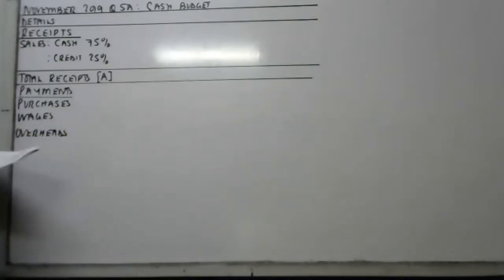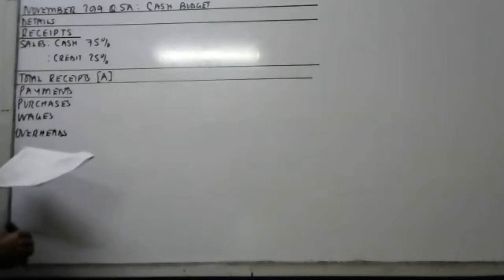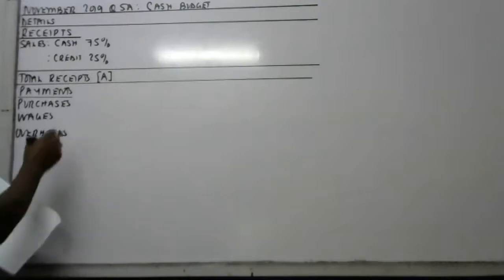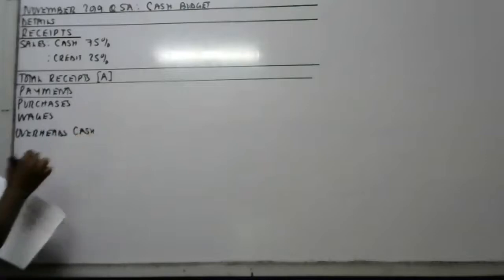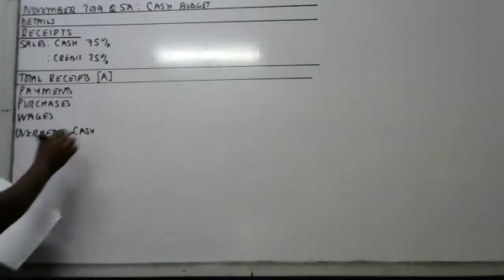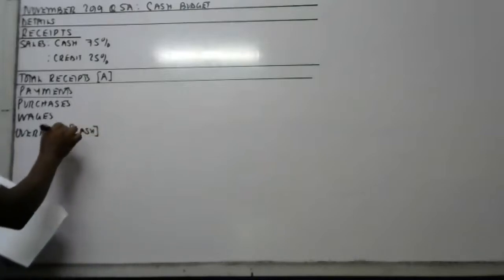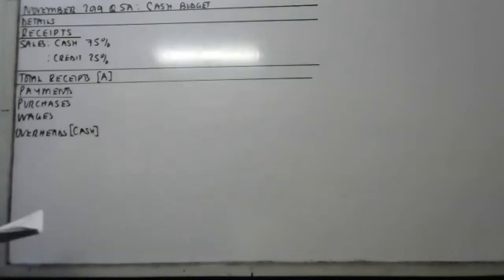And we are told these overheads include depreciation. So we will be dealing with the cash ones, that is the ones that do not have the depreciation.